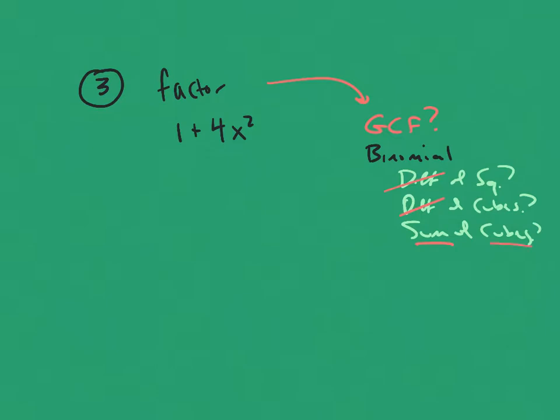And if we look at the cubes part though, if you've got your cubes list, 1 is on the cubes list, but 4 and x squared are not on the cubes list, so this fails the cubes part. So this one, if it's not any of these 3, it's not factorable.